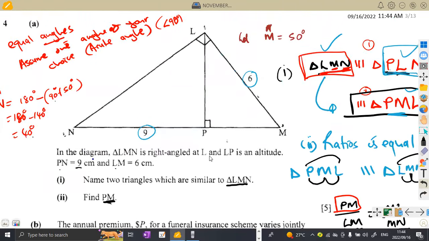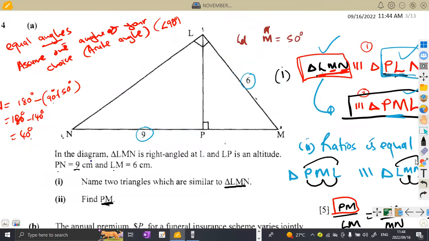I want us to see what is happening with MN. I want you to see clearly, guys. Please understand this part. This is your MN from M to N. It's a combination of two parts, from M to P, then from P to N. From M to P is the same as PM, right, guys?